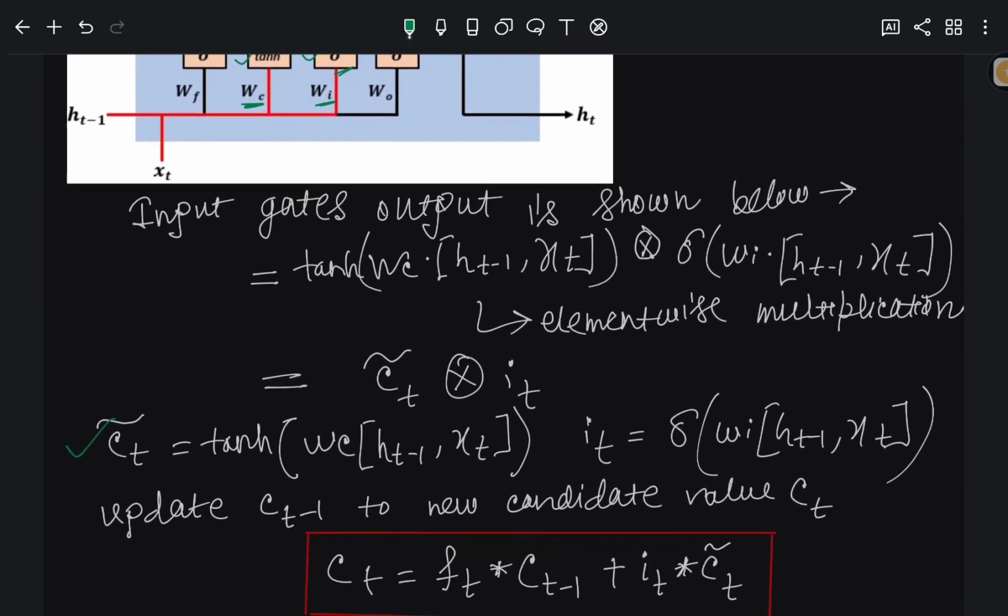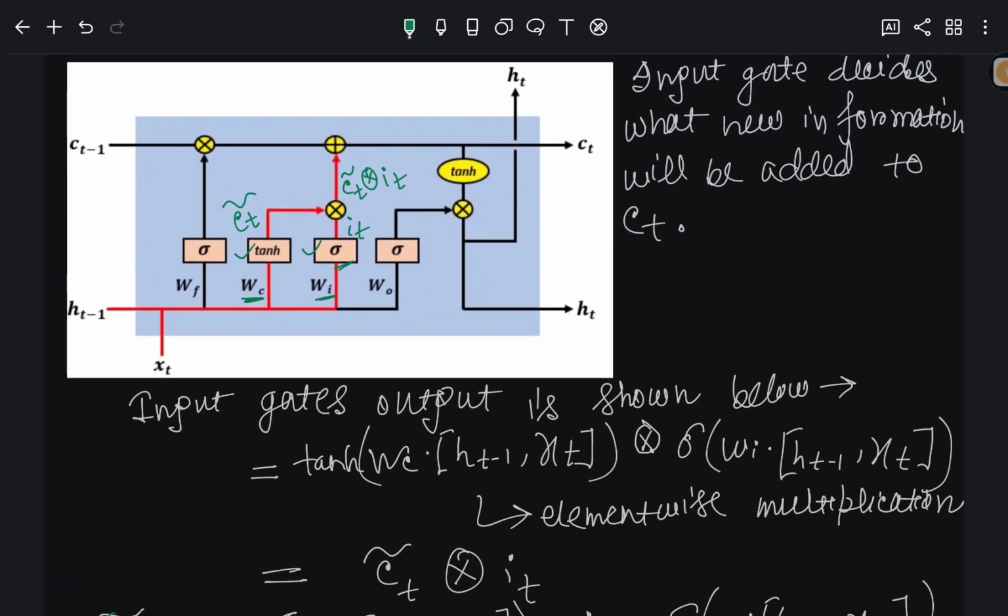So once that is done, then we will add back this information to the FT, right? So this path is nothing but FT element wise multiplicated with CT minus 1. So after that, we will get the updated CT value, right? So this is after doing this addition.